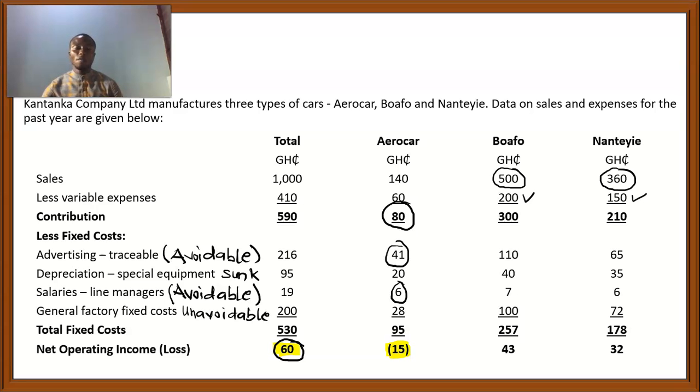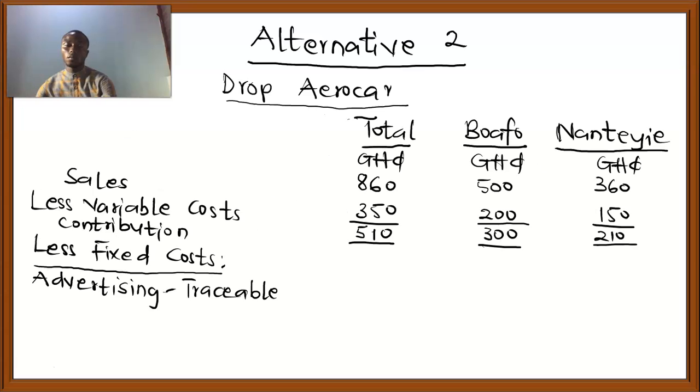Advertising cost for Boafo is 110, and that for Nantier is 65. So we have 110 and 65, and this gives us a total of 175. Then you also have depreciation.